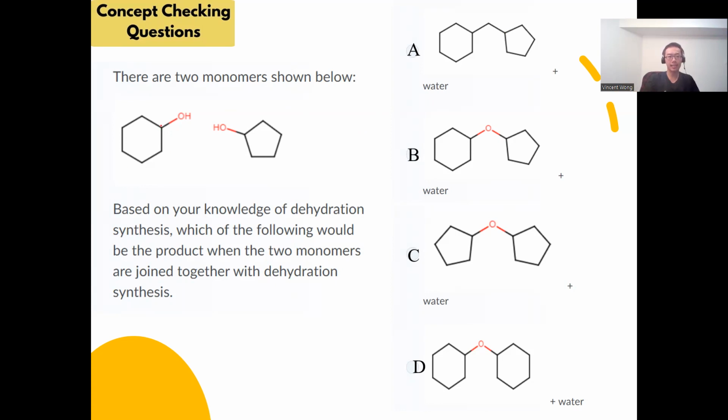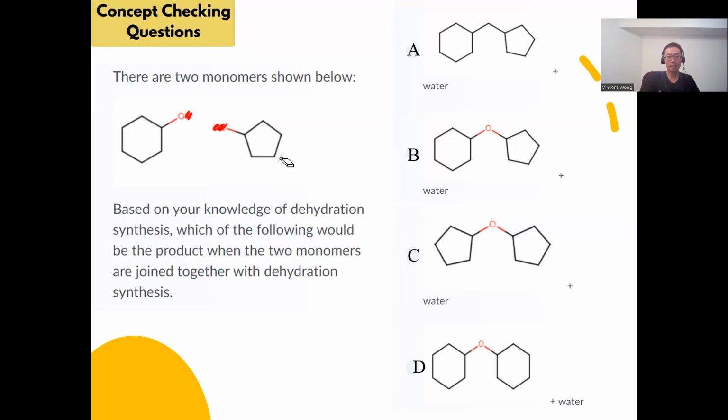One of them is a hexagon, the other is a pentagon. When we want to link them together, we have to remove a hydrogen from one of them. It really doesn't matter which one you take it from. Then you have to remove OH from the other, and then you can connect them.